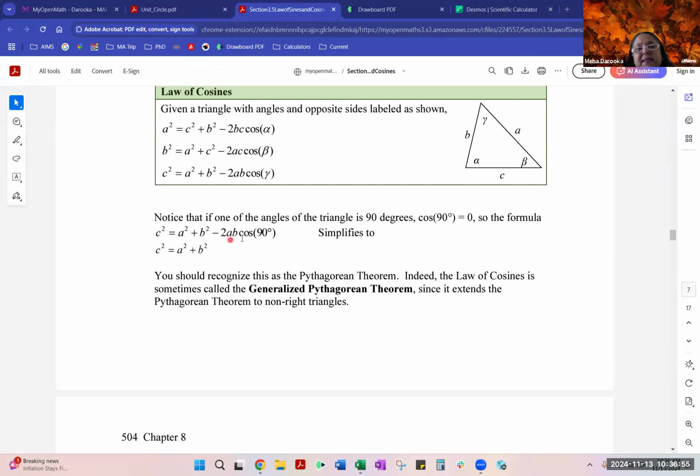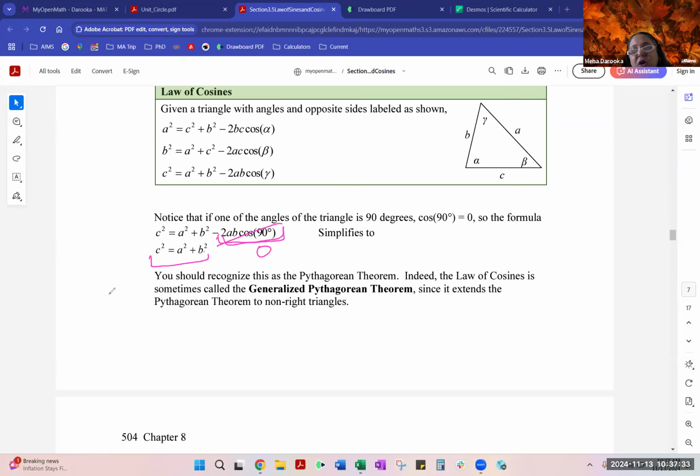That means that last term on your law of cosines, where you're doing cosine of alpha, beta, or gamma, if that angle happens to be 90 degrees, will end up becoming 0 and cancel out, leaving you with just c squared equals a squared plus b squared, which is exactly the Pythagorean theorem. The two legs squared and added will equal the square of the hypotenuse.